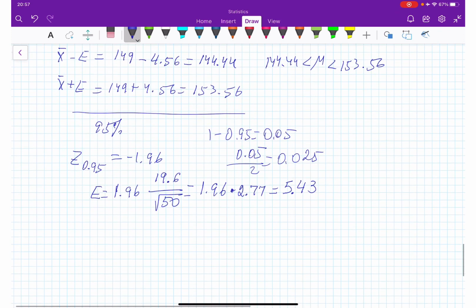So from here, mu is greater than x bar minus error and less than x bar plus error.